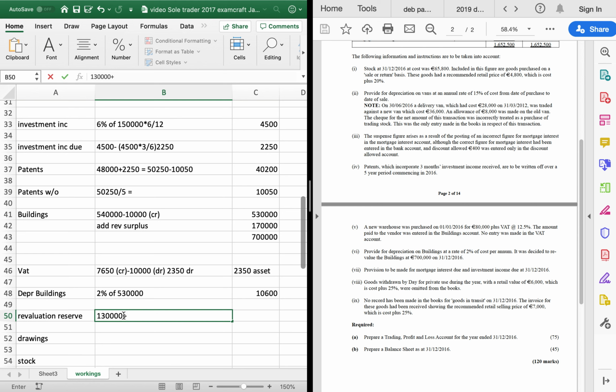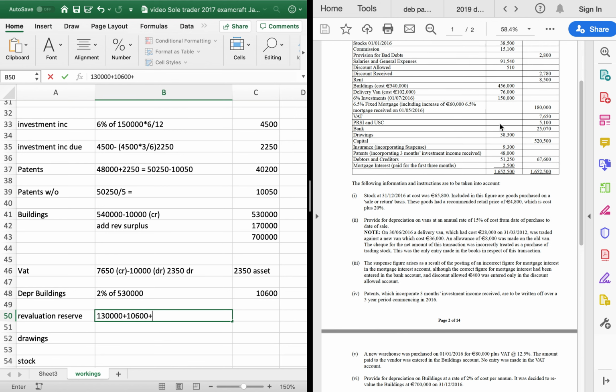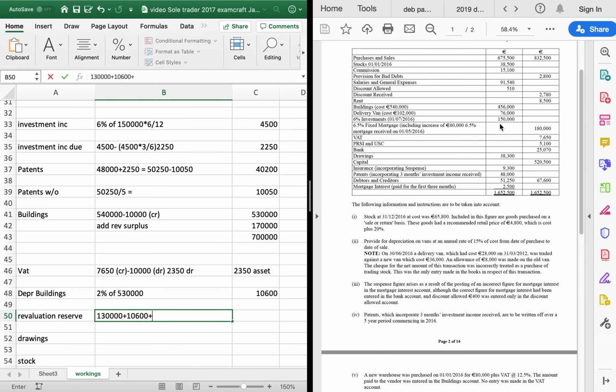Add on the depreciation of buildings, 10,600 for the year. Then you must also add on any accumulated depreciation that exists. So go up to your buildings, and they cost 540. They're worth 496. So that is, what's that? 94,000.